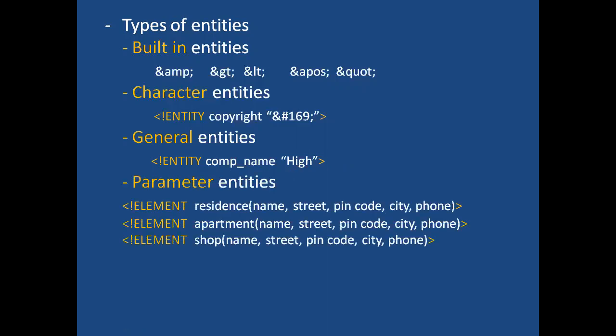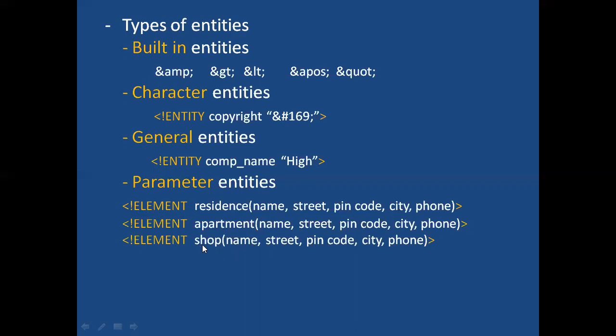Next, parameter entities. The purpose of a parameter entity is to enable you to create reusable sections of replacement text. Suppose you have an element declaration like this. Say element residence has a few other elements like name, street, pin code, city, phone, and the next element apartment has also the same elements.